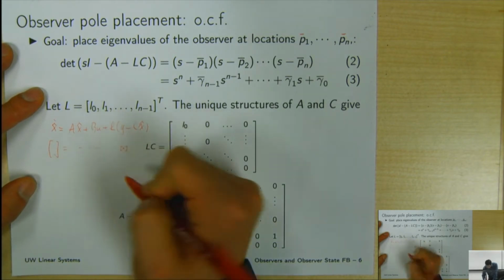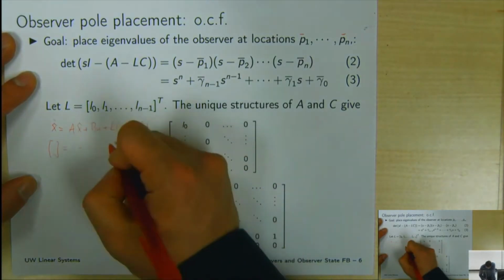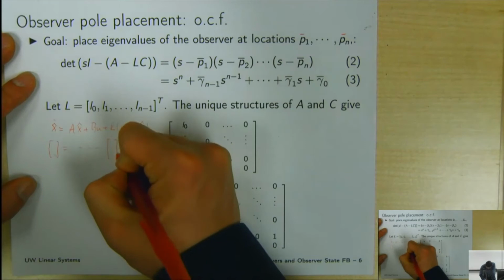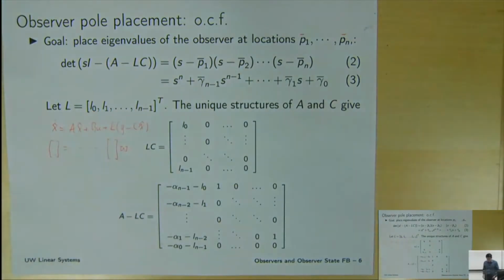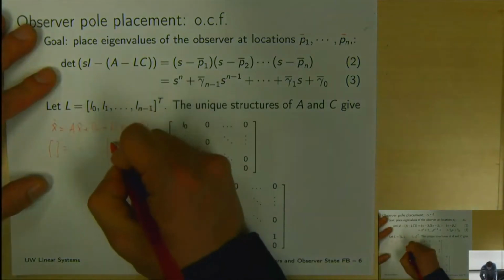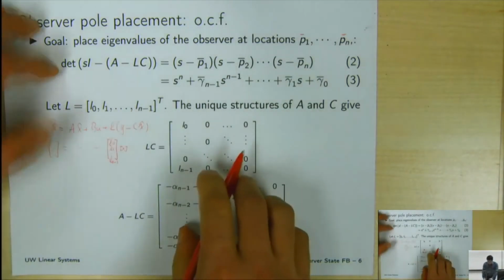So L is therefore going to be a column vector. Let's say the column vector has coefficients L0, L1, all the way to Ln minus 1.